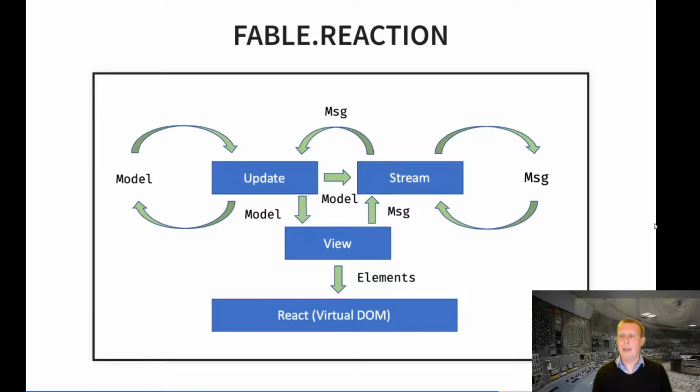It cannot update the state of the system, but it can do all kinds of things like call APIs, deal with mouse, subscribe to the mouse moves, subscribe to WebSockets. It can do all kinds of things which will generate all these messages.